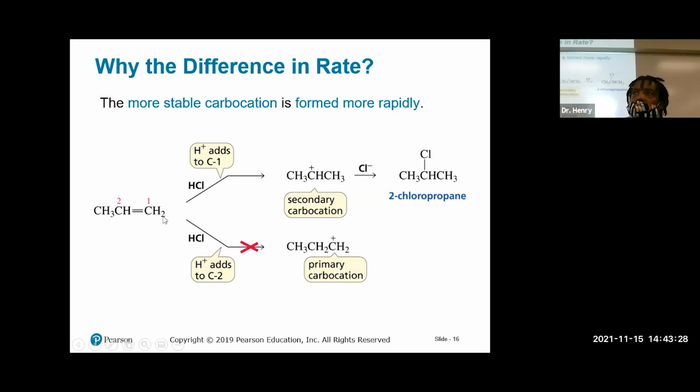Okay. So in that case, the center carbon is going to be the carbocation and not the primary carbon. And again, that's what this is basically showing.